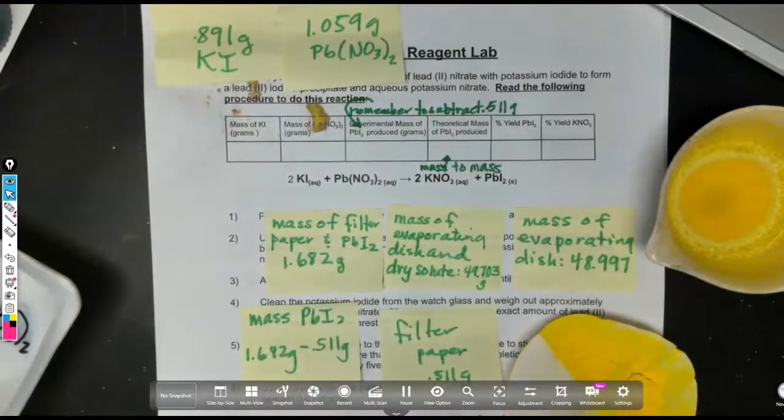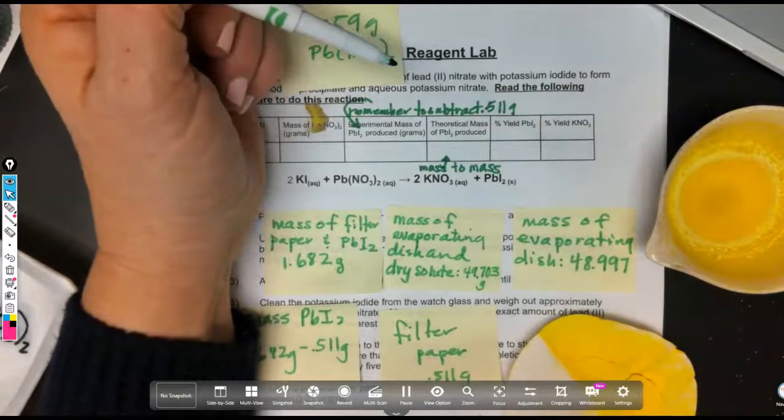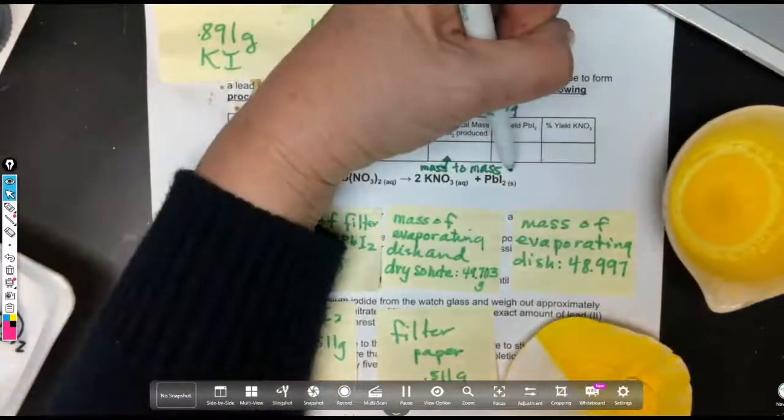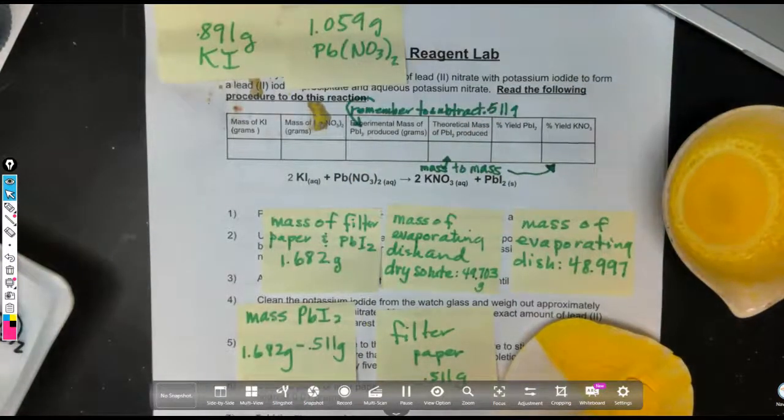How about that percent yield of the KNO3? All right, so for KNO3, we are going to have to do one more calculation of mass to mass. We want to know how much KNO3 would have been produced.